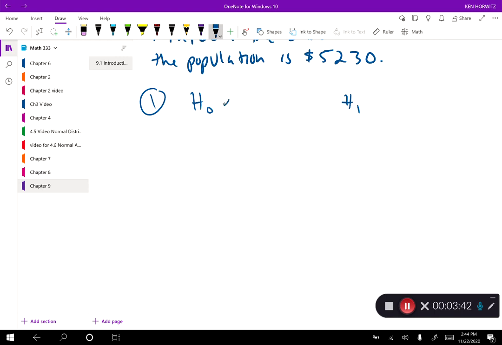So I'm going to say that mu is less than or equal to $42,000. I said less than or equal to because we have a sample that says that the salary is more. So my alternative is that the average is greater than $42,000 per year, and this is my claim.